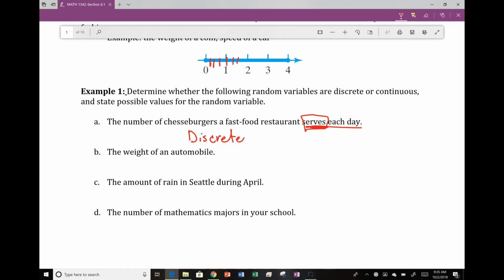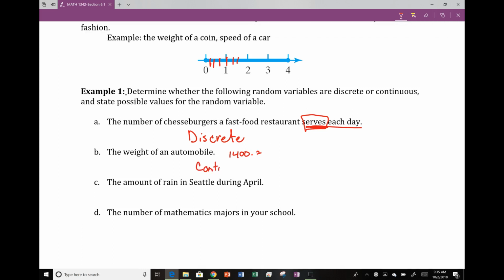The weight of an automobile. Well, the weight of an automobile can be 1,400 tons or 1,400 pounds. It can be that, or it can even be 0.2 or 0.3. It can be anything in between. So that's going to be continuous, because it depends on the measuring device how accurate that is going to be.